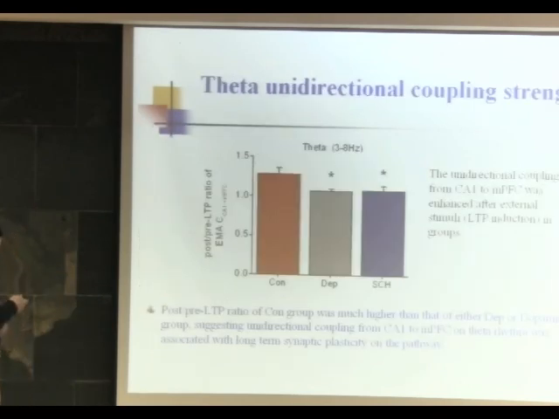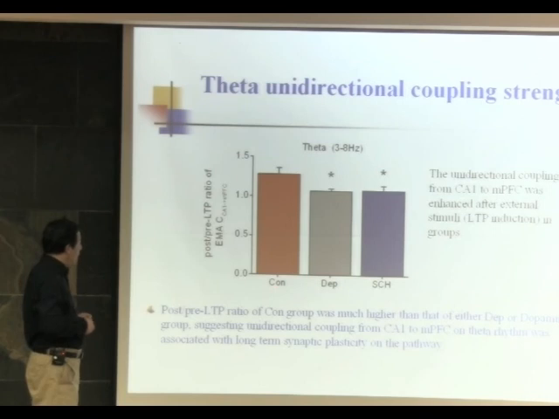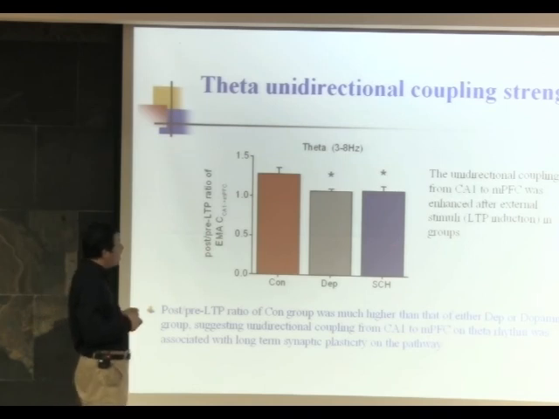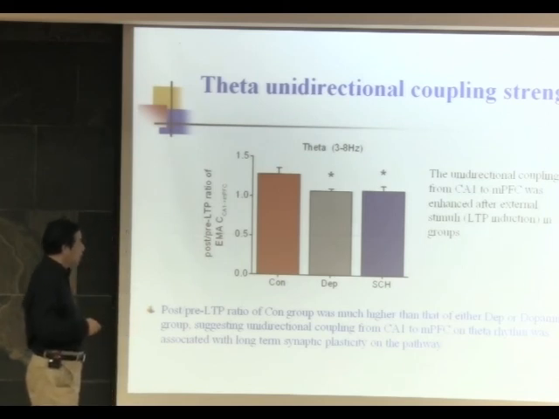And this slide shows the theta unidirectional coupling strengths. This is the control, this is the depression rats, this is dopamine. The unidirectional coupling from CA1 to cortex was enhanced after external stimuli in this group.